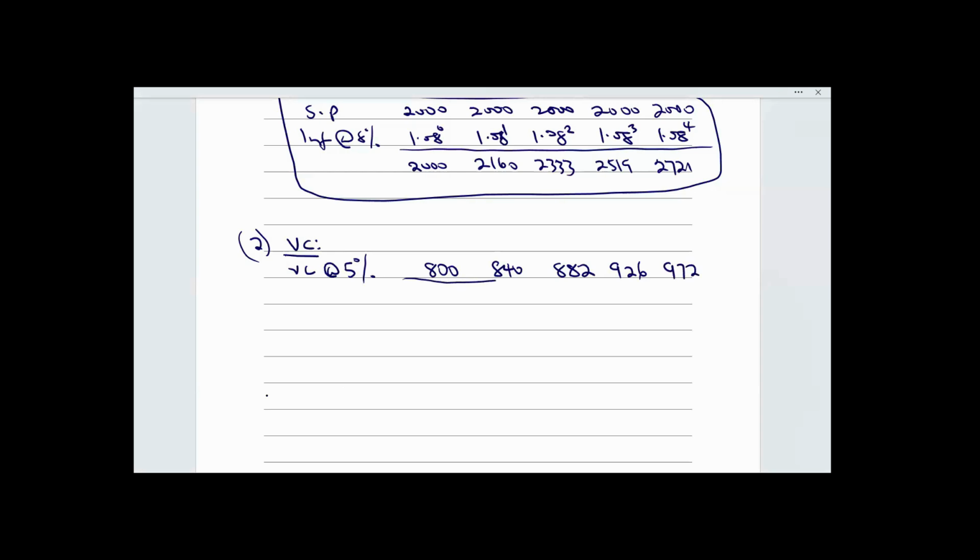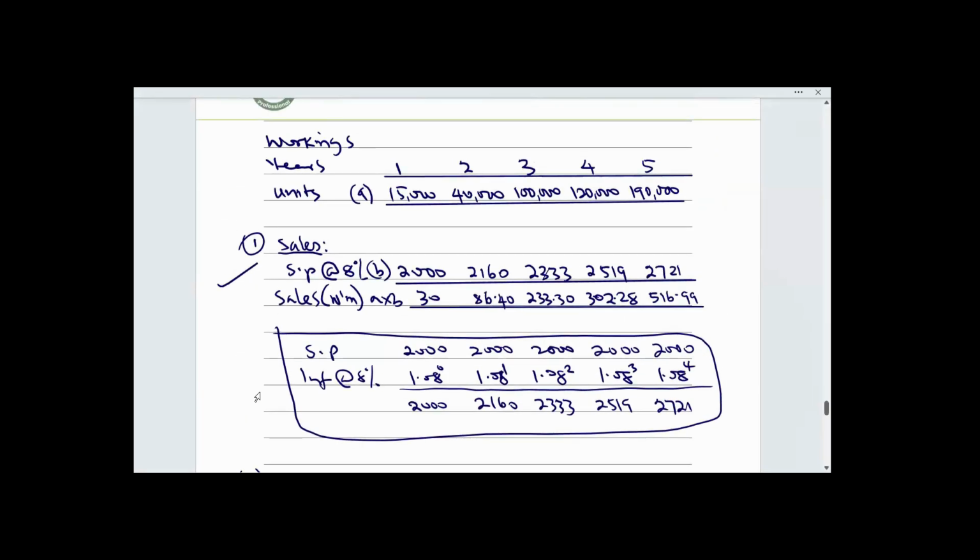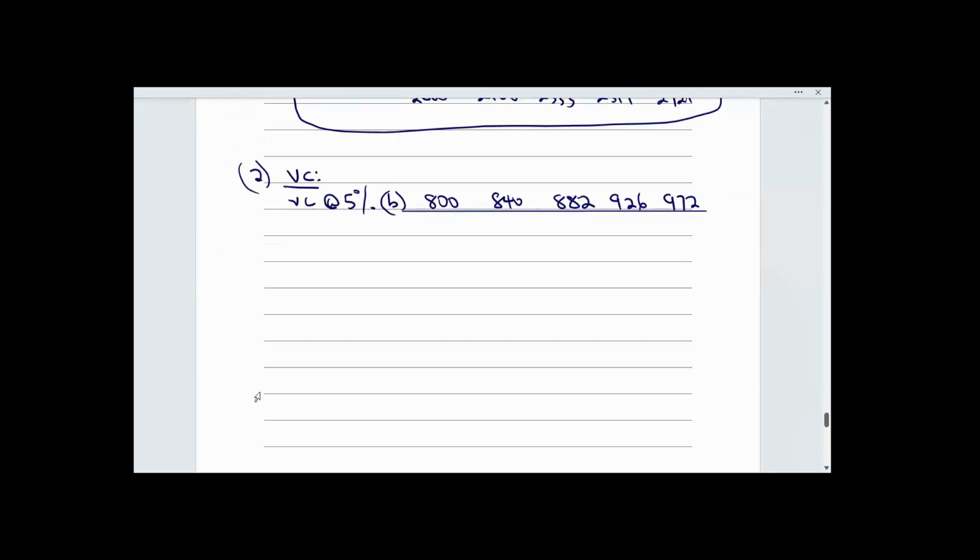So I will then multiply this with number of units. Let's say this is B. Is it B or C? C. Therefore, total variable cost in million would be equal to A multiplied by C.